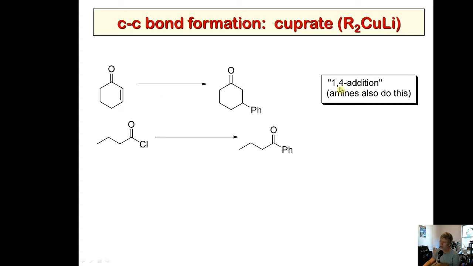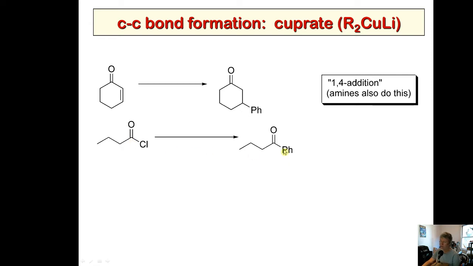What's it called if you attack right there? What if you actually attack the ketone position? That'd be called a 1,2 addition. 1, 2, right? So that's the difference between 1,4 addition and 1,2 addition. The other thing about cuprates is they also react with acid chlorides to give ketones.